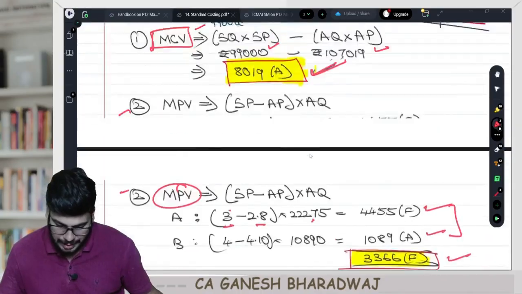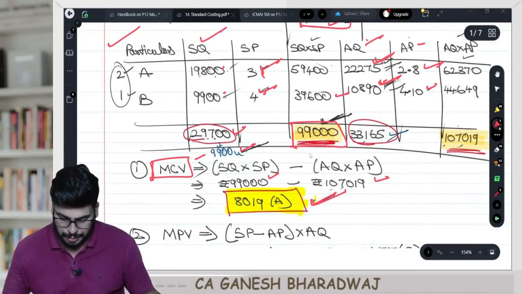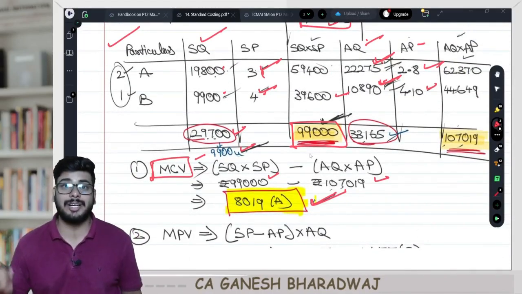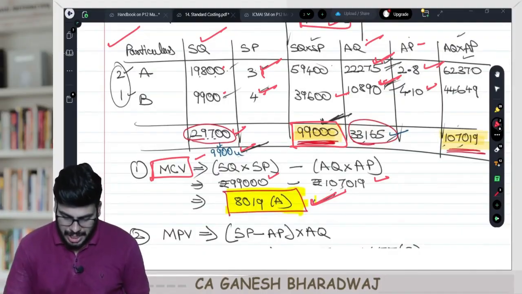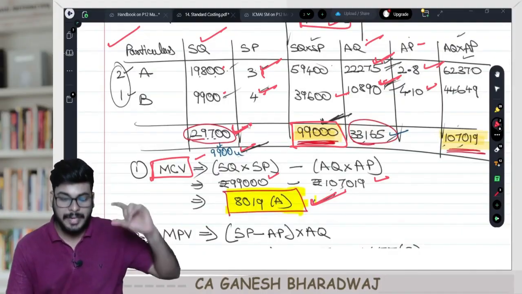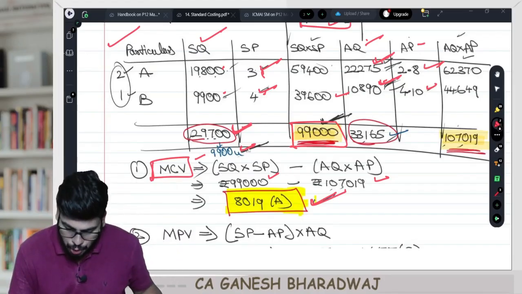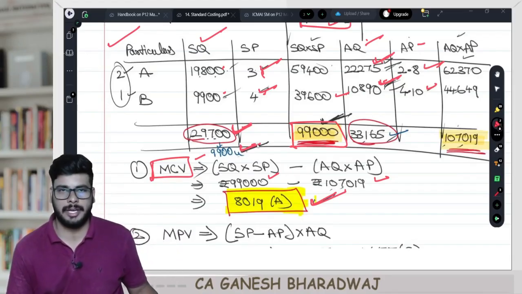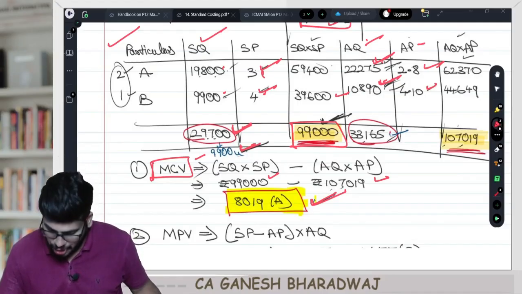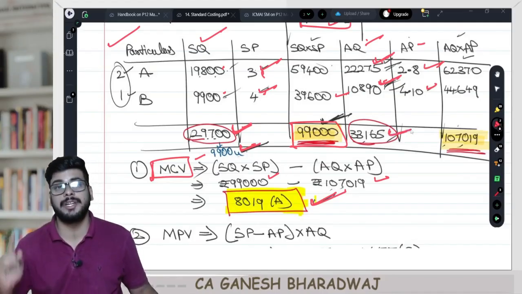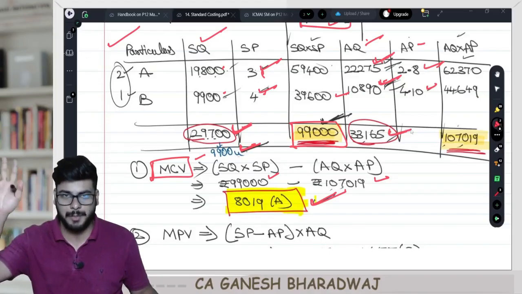Now basically guys, what has happened here is, look, how do you calculate the standard output? If I input a total of 29,700 kgs of raw material, I should get an output of 9,900, correct? But I have actually inputted how many kgs of raw material? 33,165, A plus B put together.